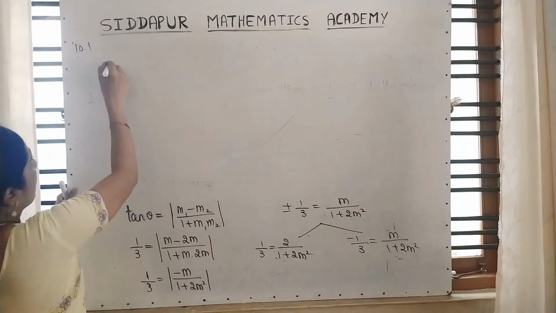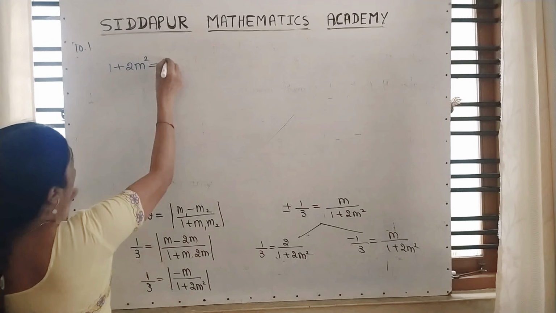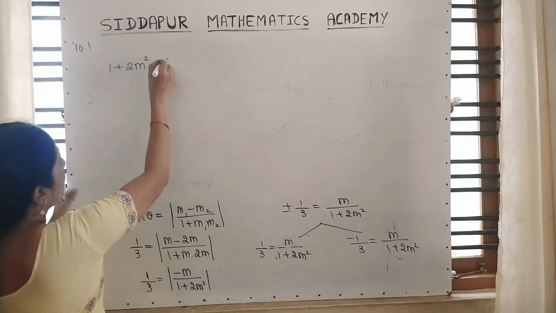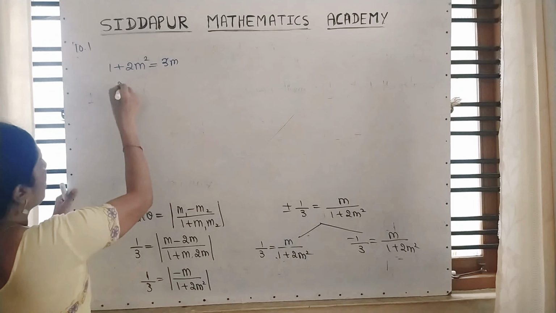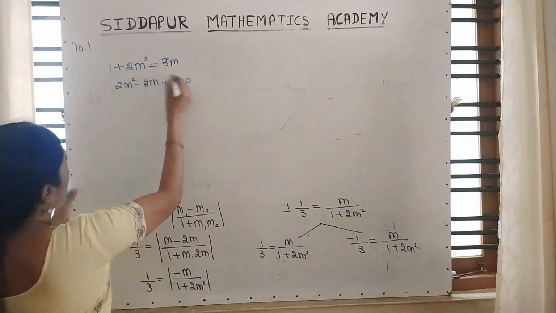Cross multiply: 1 plus 2m square is equal to 3m, or 2m square minus 3m plus 1 is equal to 0.